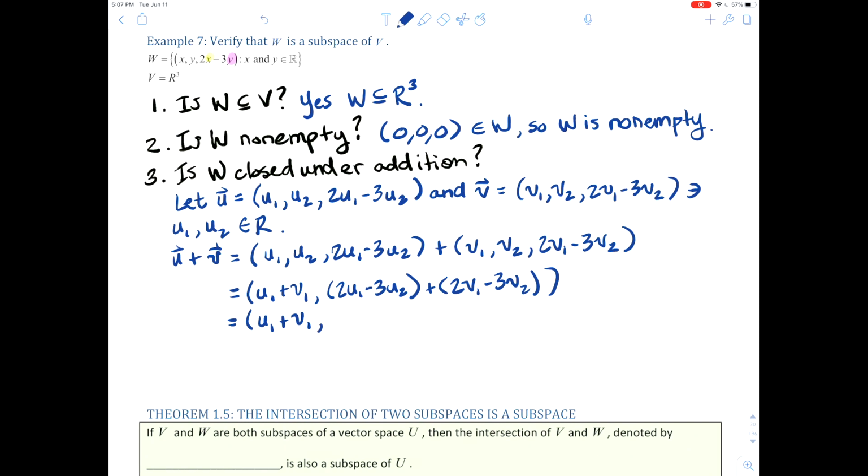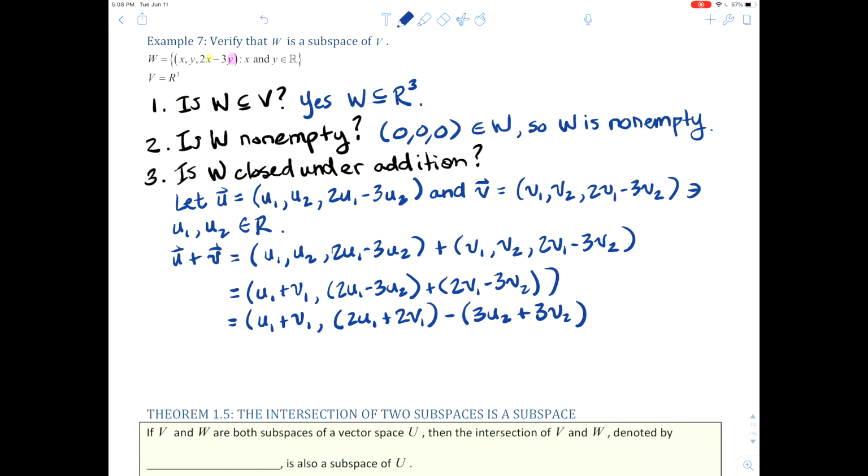So if I use the commutative property, do you see that I'll have 2U1 plus 2V1, okay, minus quantity 3U2 plus 3V2.